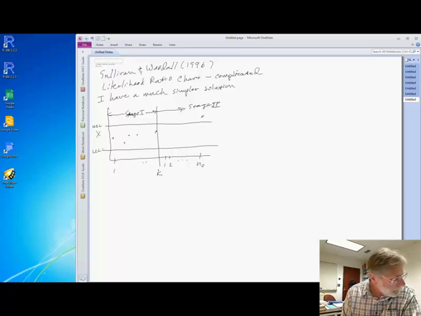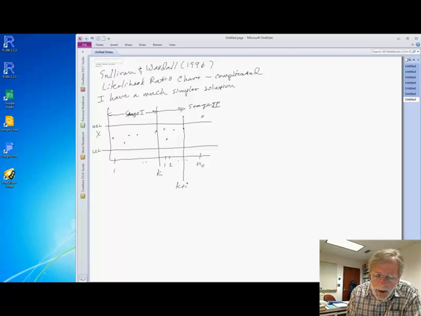Well, what to do? Here's an idea. Here's the point k plus i. k, remember, is the number of stage 1 observations.